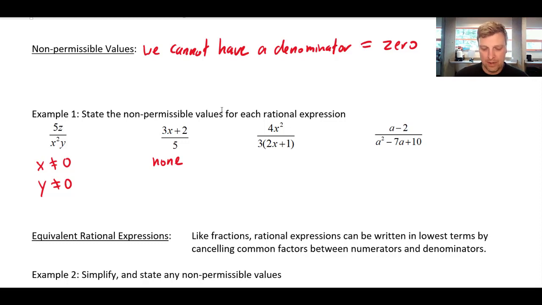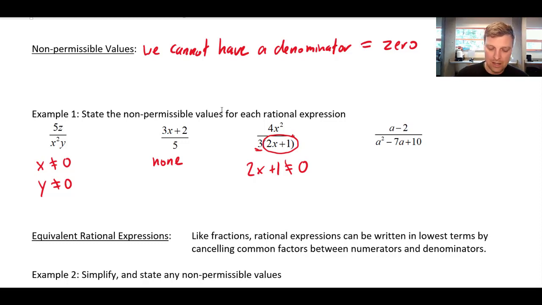When we get a slightly more complicated expression here, like 4x squared over 3 times 2x plus 1, remember that this 3 doesn't really matter. That's fine as it is. But inside the brackets, this 2x plus 1, that expression could be 0. So basically, I get a situation where I have 2x plus 1 cannot equal 0. And that might be something you haven't seen before, but this is not an inequality, it's a cannot equal, and so this is the same as an equation.